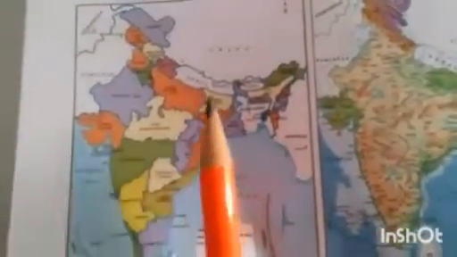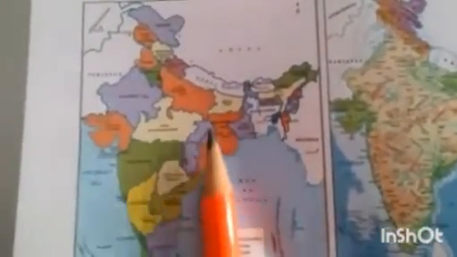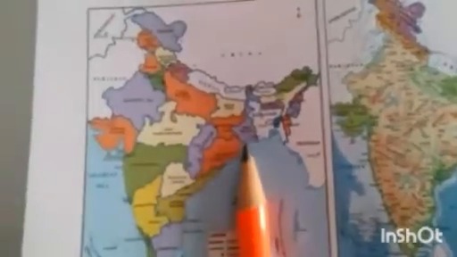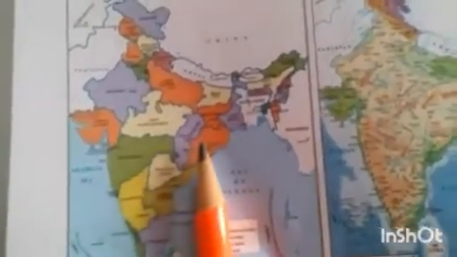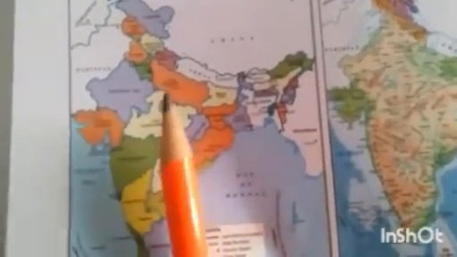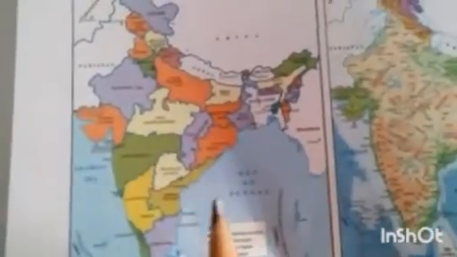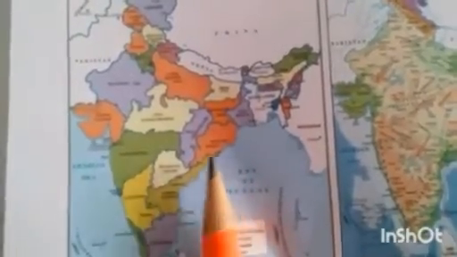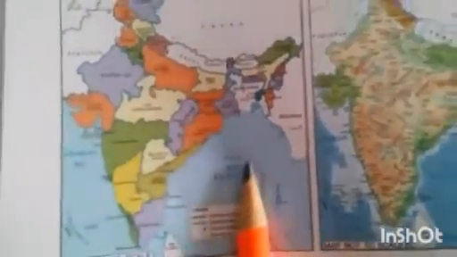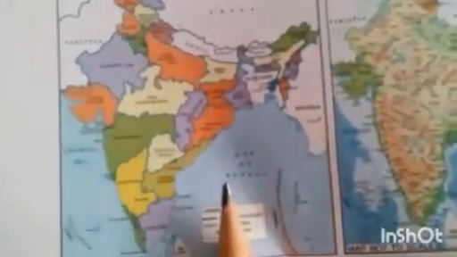Maps are a two-dimensional representation of the earth. Two-dimensional means length and width. They show the whole or some part of it on a flat surface according to a scale.